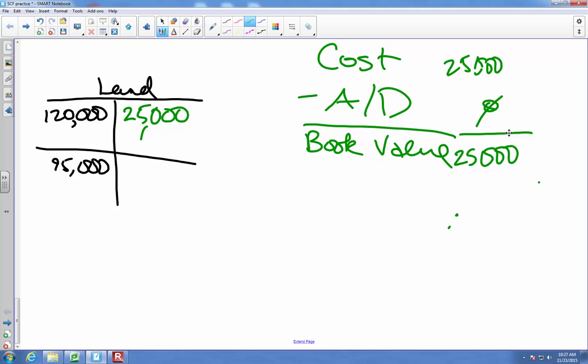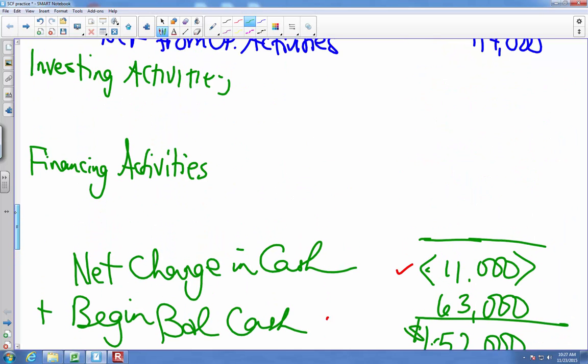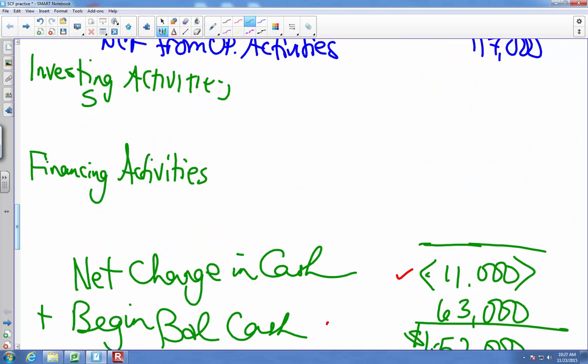So I sold the land for $25,000. Was that a cash inflow or outflow? It was an inflow. Which section does it go in? I think that's an investing activity, and I'm just going to call it exactly what it is. Sale of land.